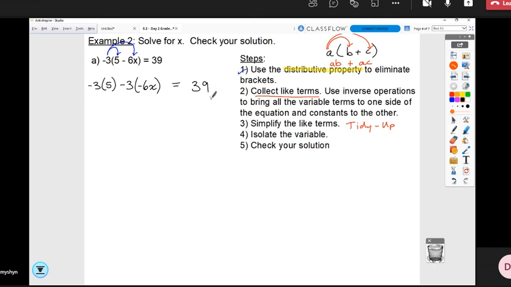So here we go. Now we simplify this. Negative 3 times positive 5, negative 15. Right? Negative times a positive, we get a negative. But here's a little bit strange: you have negative 3 times negative 6, so we're going to have a positive 18x equals 39.